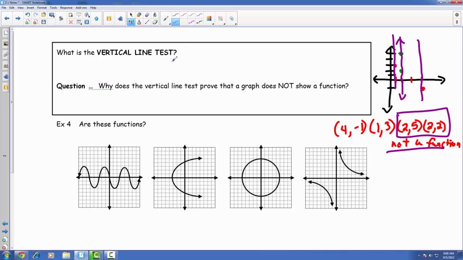So in other words, for our formal definition, the vertical line test is also known as the pencil test. So you could literally put your pencil on the piece of paper. If it only touches once, you're good.